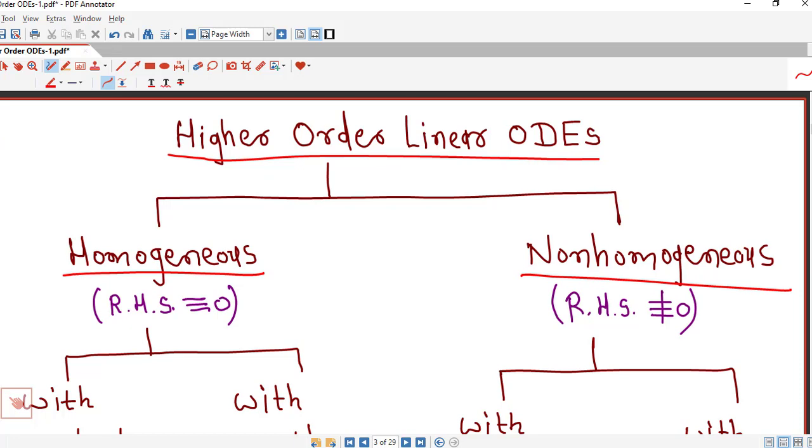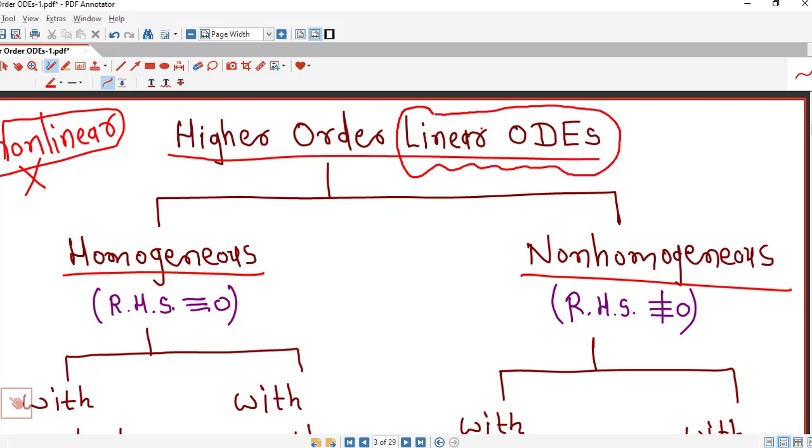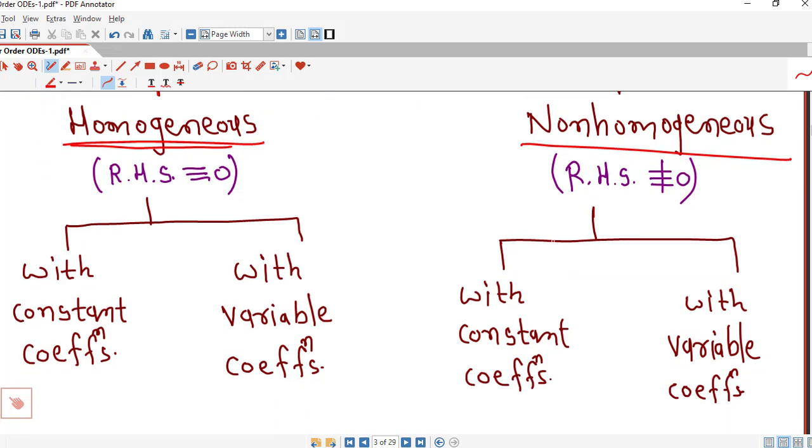We are not going to study non-linear higher order ordinary differential equations. Our focus is only on linear ordinary differential equations of second and higher order. So depending on the right hand side, we have two characterizations. Either we have homogeneous linear differential equations or non-homogeneous linear differential equations.